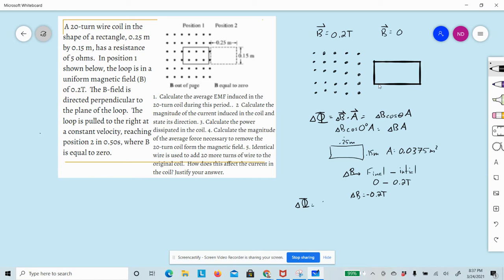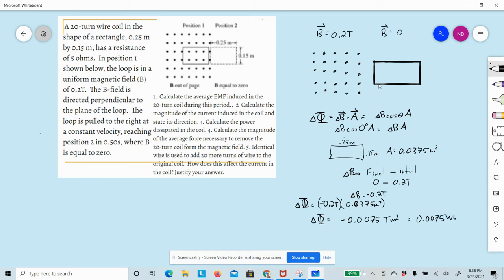Delta B, negative 0.2 Teslas, and the area, 0.0375 meters squared, gives negative 0.0075 Tesla meters squared, or 0.0075 Webers.